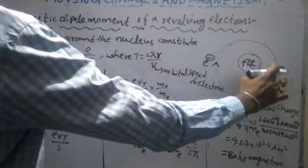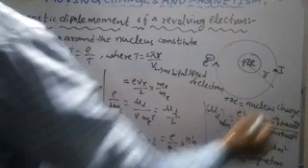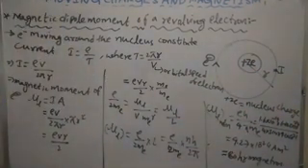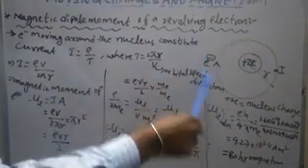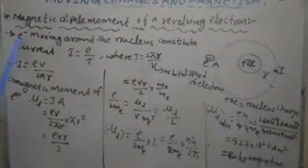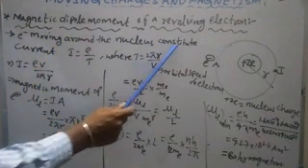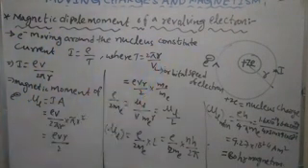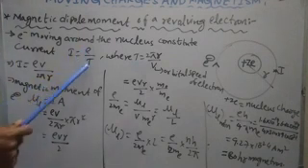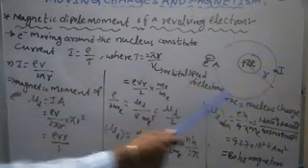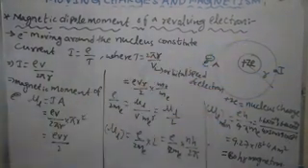So when the electron is revolving around the nucleus, what will happen? It constitutes current. Rate of flowing charge is called current. What is that current? Charge by time taken, I equals e by T. What is this T? Time taken for one complete revolution, that is called the time period.